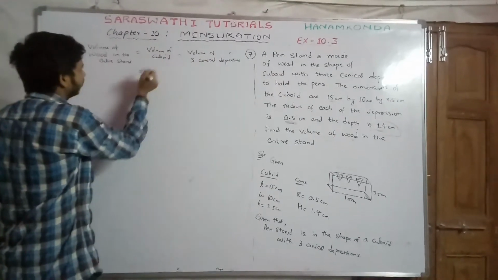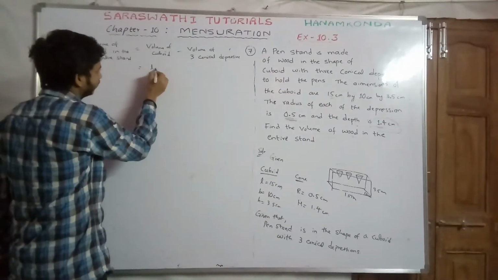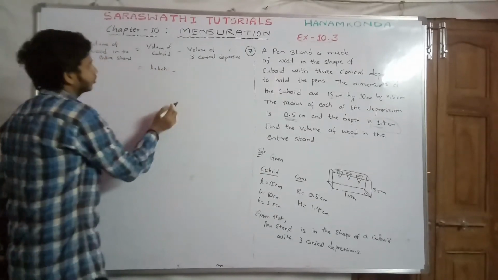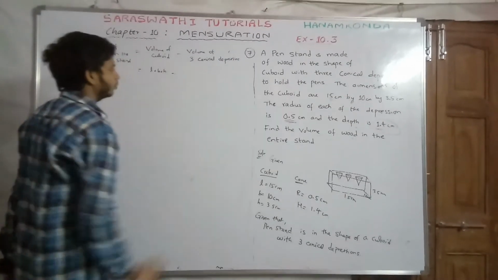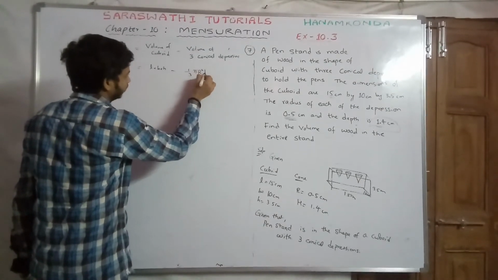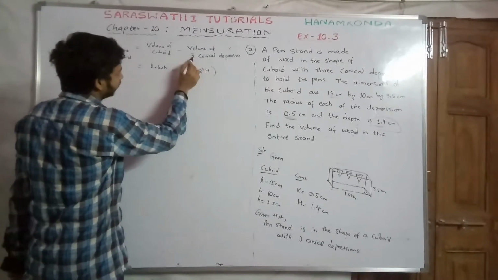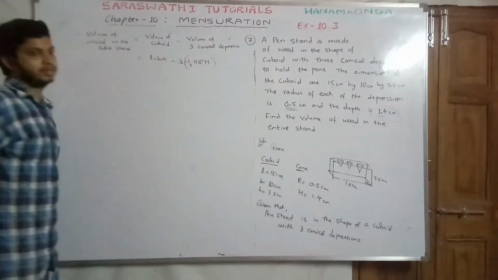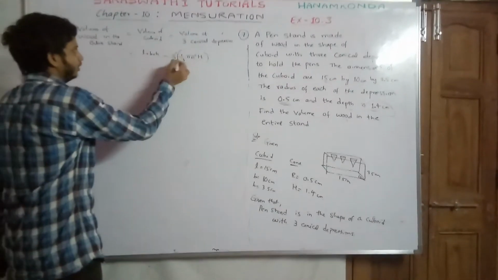Okay. So volume of cuboid, you know, is length into breadth into height. So minus the volume of conical depressions. Volume of cone formula is 1 by 3 pi r square h. Since there are 3 conical depressions, we multiply by 3, so 3 gets cancelled.